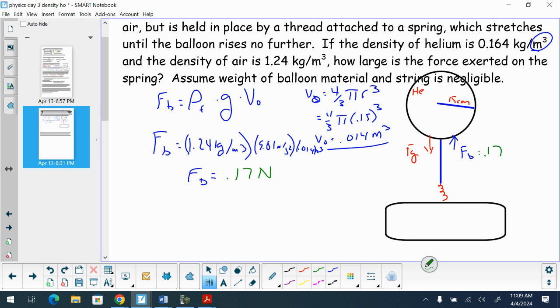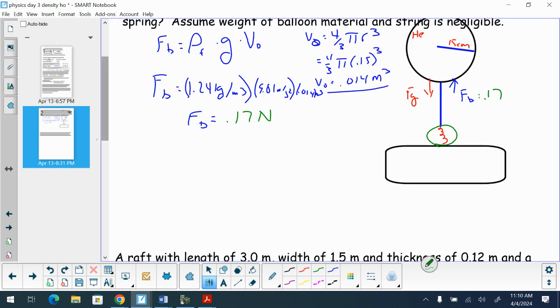But what is exerted on the spring? We wanted to figure out what this exerted force on the spring is. We have a scale down here. We have the buoyant force pushing upwards, but we still have the force of gravity pulling downwards. That force of gravity is weight, which is mass of the object times gravity.